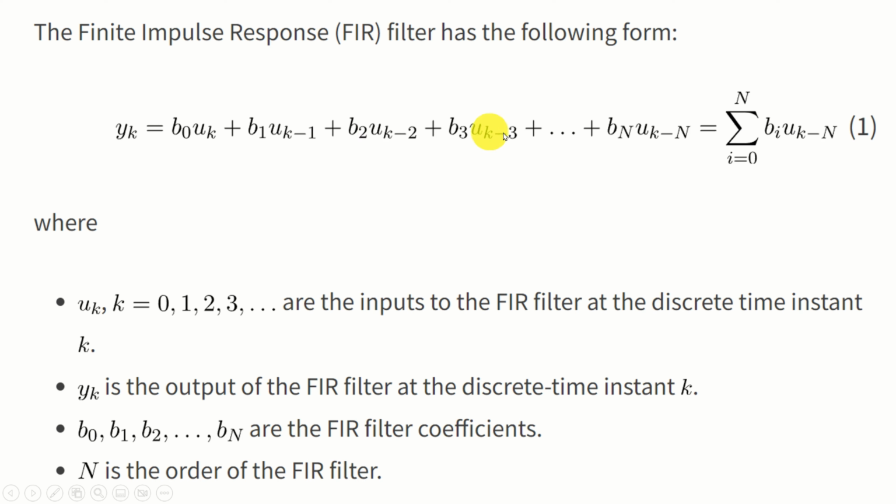You can write this equation where u_{k-1}, u_{k-2}, u_{k-3} until u_{k-n} are the control inputs, b_0, b_1, b_2, b_3 until b_n are the model parameters, and y_k is the output of your system. You can easily estimate the model parameters from the input-output data by using a simple least squares approach. And after you have your model, you can use model predictive control to design the control inputs. And this is a very effective approach.